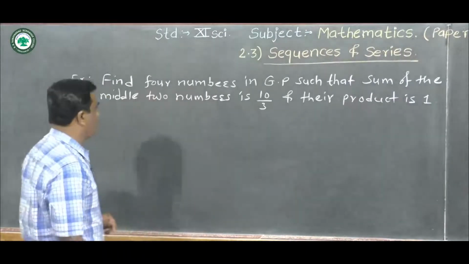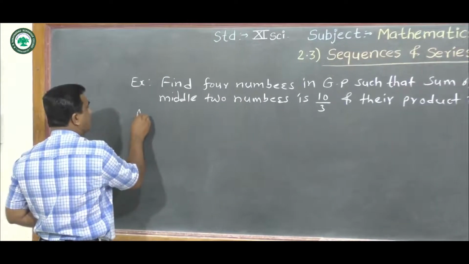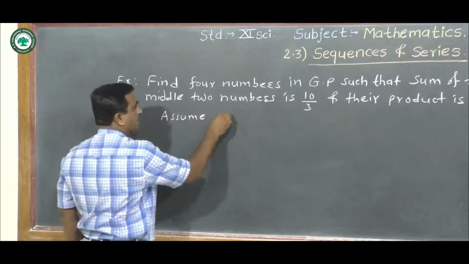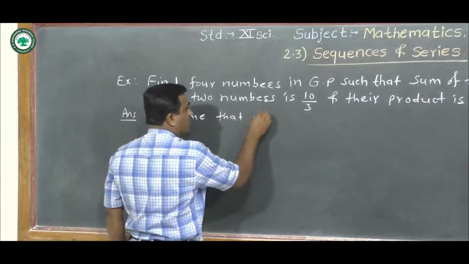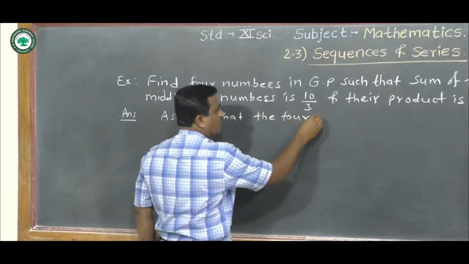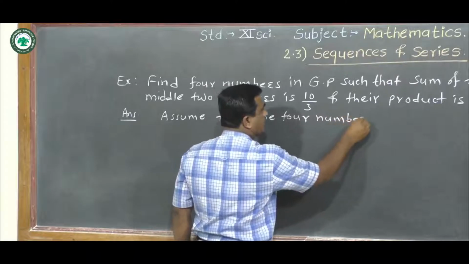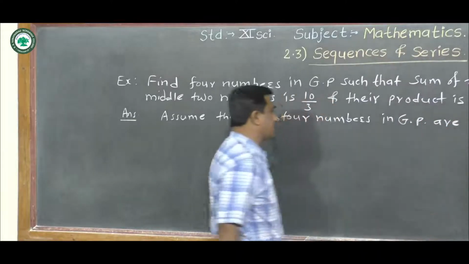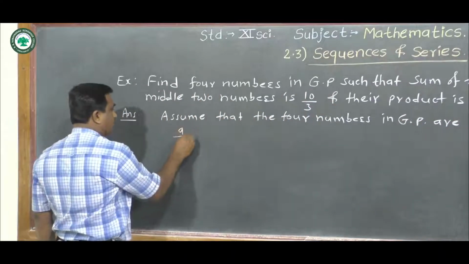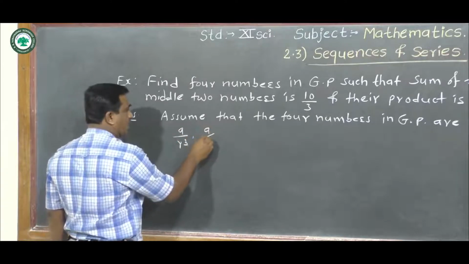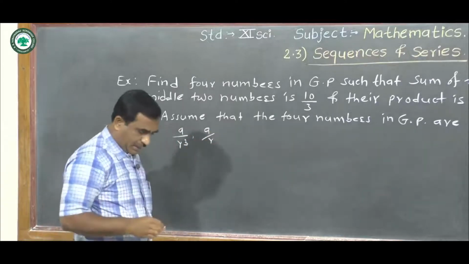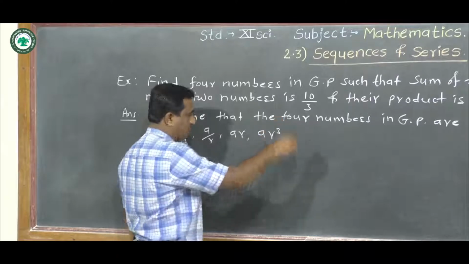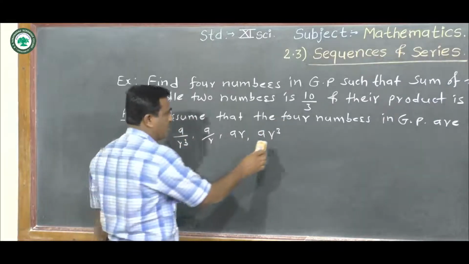Assume that the four numbers in GP are a upon r cube, a upon r, ar, a into r raised to 3. Now these are the four numbers in GP.